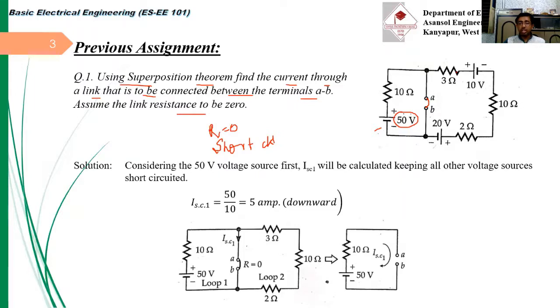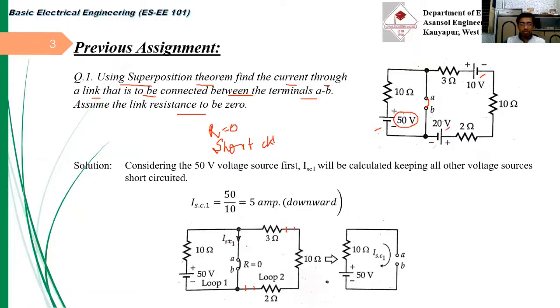If other sources are voltage sources, they are short circuited, and if current sources, they are open circuited. Here other sources are voltage sources, so this 20 volt and 10 volt will be shorted. You can see it here, it is shorted here.